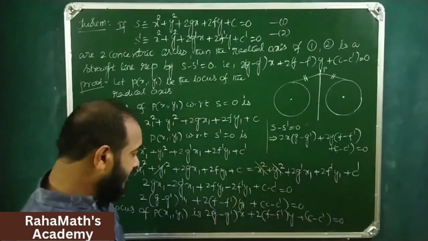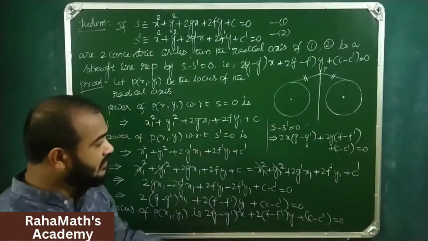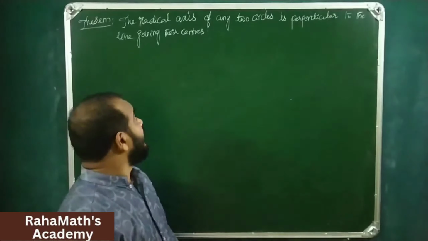Therefore, we arrive at the conclusion that the radical axis of two circles is S minus S dash equals 0. Let us see the theorem.